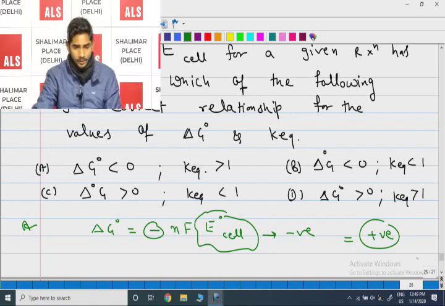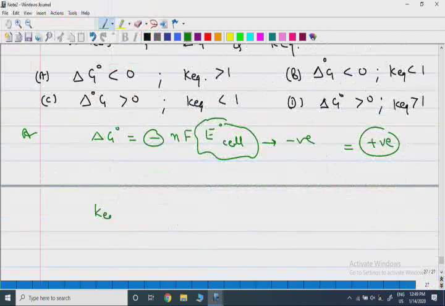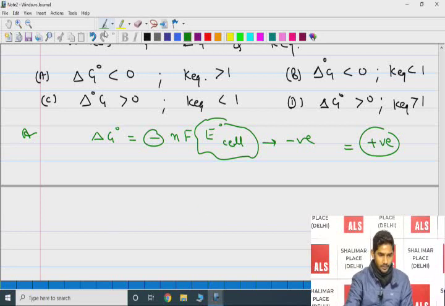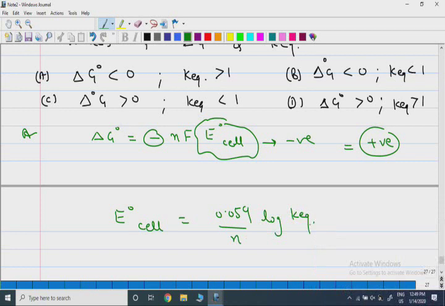Now let's discuss the equilibrium constant. We know that E naught cell is equal to 0.059 upon n log of K equilibrium. They are saying that E naught cell is negative.